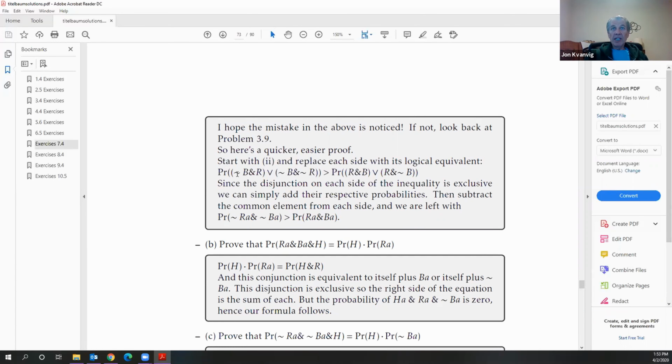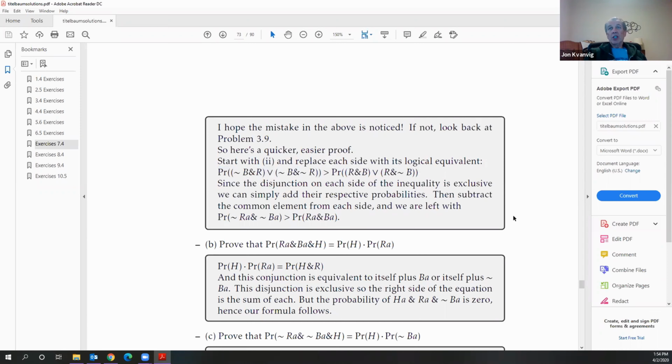Not B, so I'm leaving off the reference to A. So the probability of not B is greater than the probability of R. And now we're going to replace not B with a logical equivalent of it. So not B is equivalent to not B and R, or not B and not R. And R is equivalent to R and B, or R and not B.